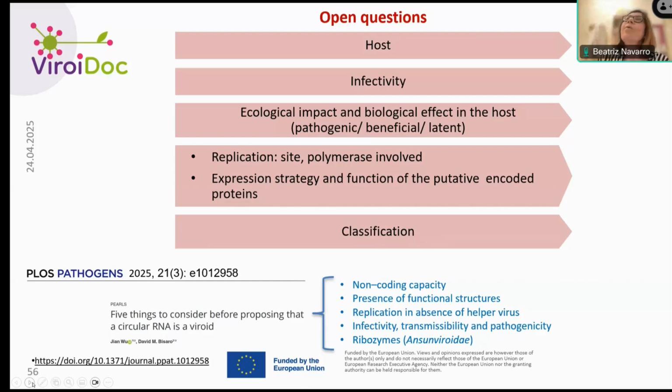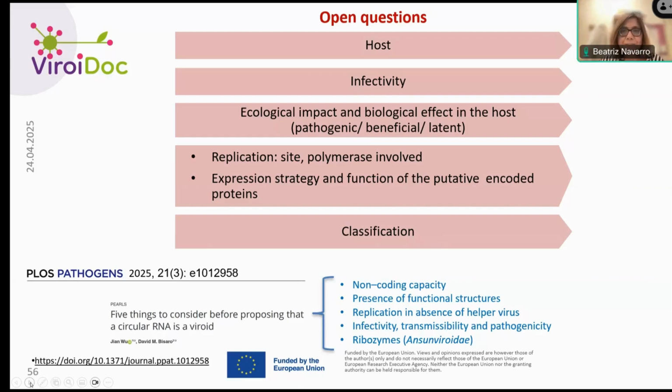And some of them, we saw, could code for proteins, but the strategy to express these proteins is unknown, and the function of the putative encoded proteins is also completely unknown. And another issue, not a problem, is an issue.